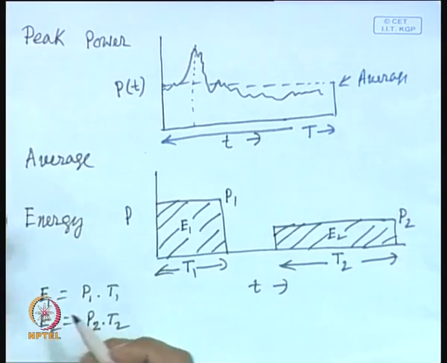Now, you may be asking in what way energy affects your circuit. Particularly for battery operated systems, energy is very important, because whenever the battery is fully charged, some amount of energy is transferred from the charging source, and that energy has to be used by the battery for performing computation and other things.